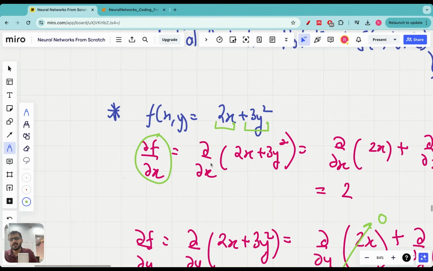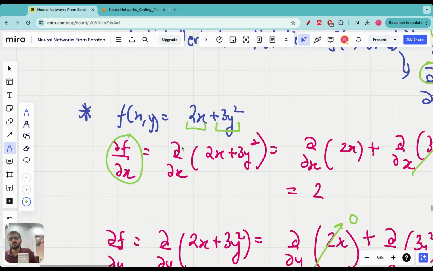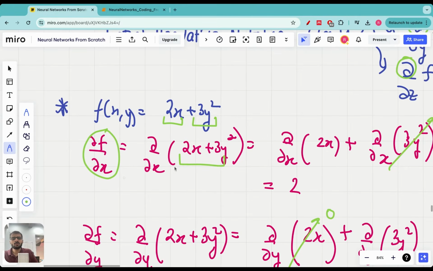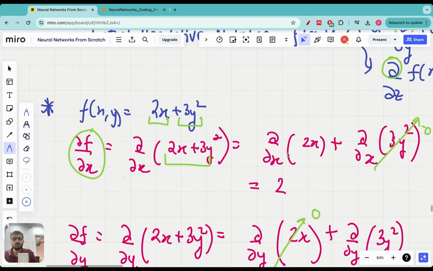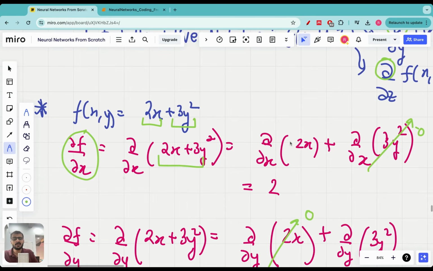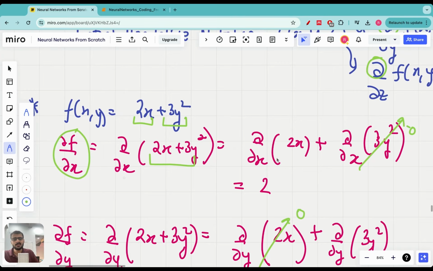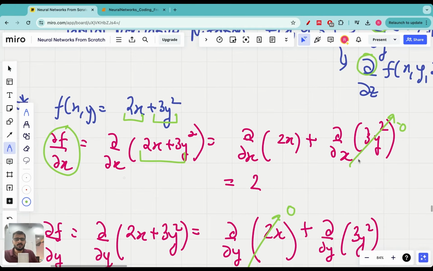And you know that the derivative of any constant with respect to x will be 0, right? So if I take the partial derivative of f with respect to x, this will be the partial derivative of 2x with respect to x, plus the partial derivative of 3y square with respect to x.